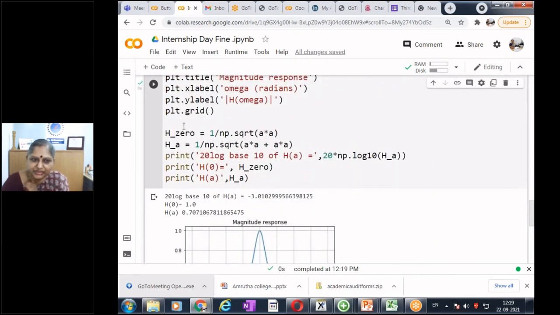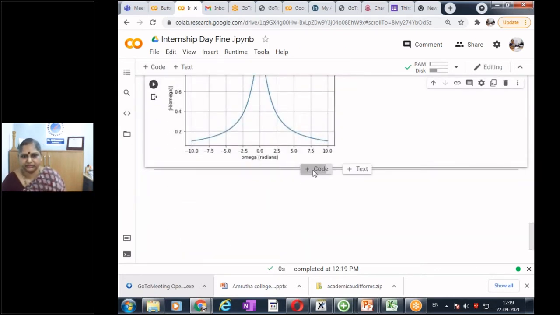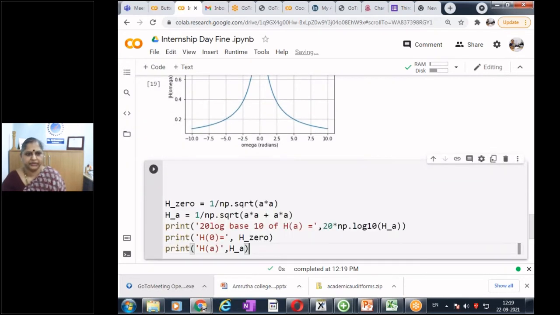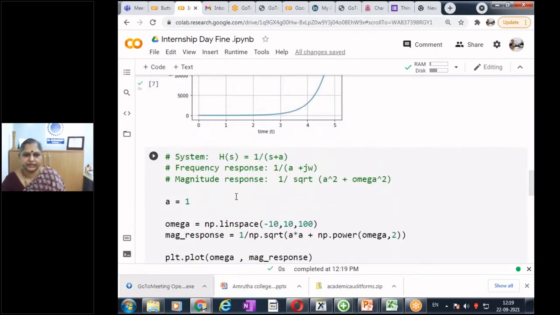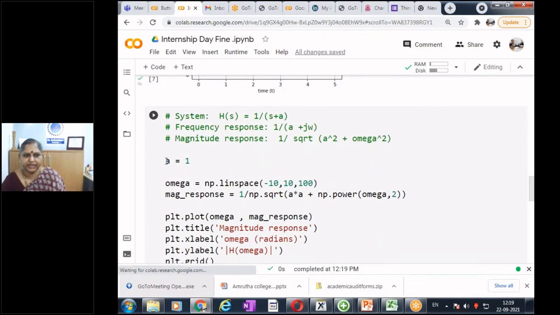So okay, this I will put in a separate cell just to avoid confusion. Let me cut it and put it in a separate cell, and let me retain this. Let me put A equal to 1.